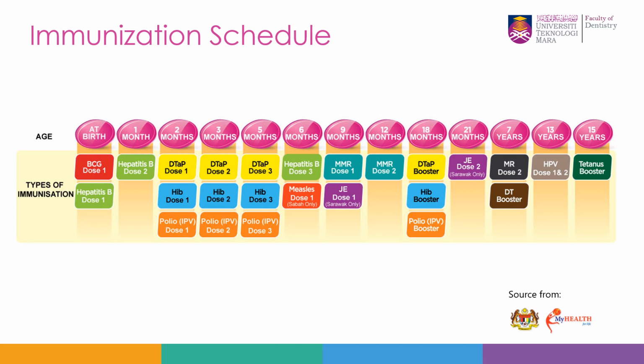For example, if you want to visit other countries, sometimes it is required to have certain vaccinations prior to the travel. So this is the Malaysian situation. If you go around the world, they have an almost similar immunization schedule, and this schedule is also similar to what is proposed by the WHO.